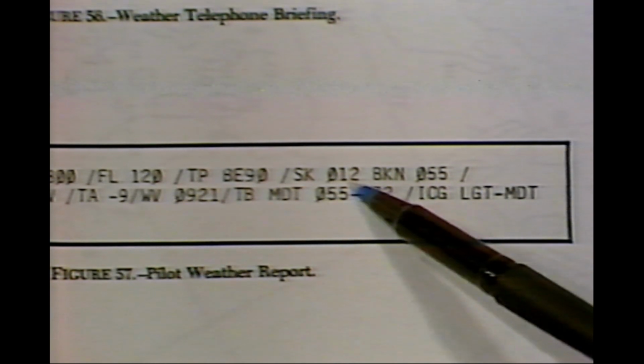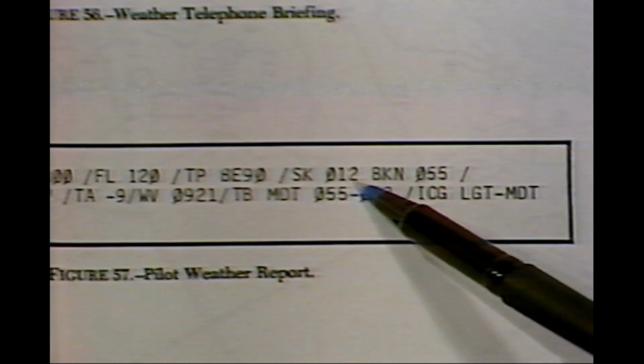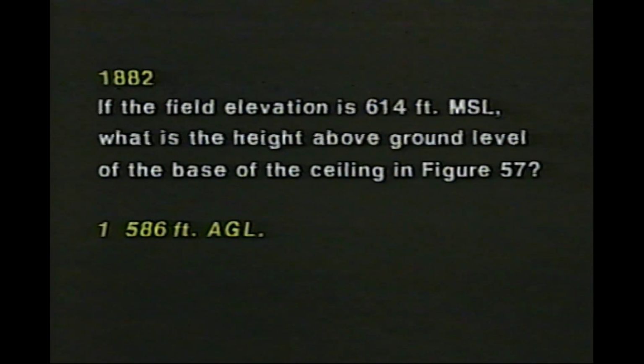So the base of the ceiling is 1,200 feet. They tell us that the field elevation is 614 feet. We would just subtract 614 feet from 1,200 feet because 1,200 is MSL, mean sea level, and that's 586 feet above ground level. Answer number 1.